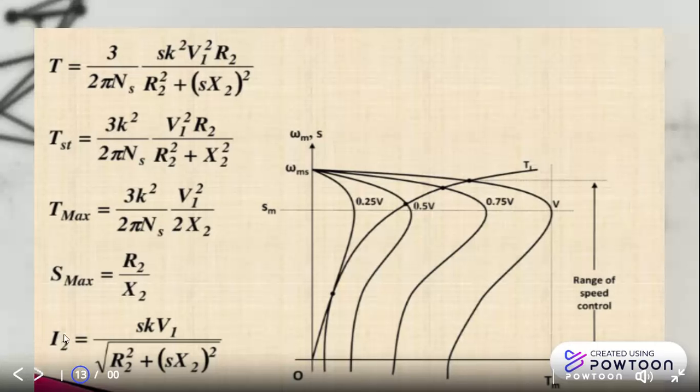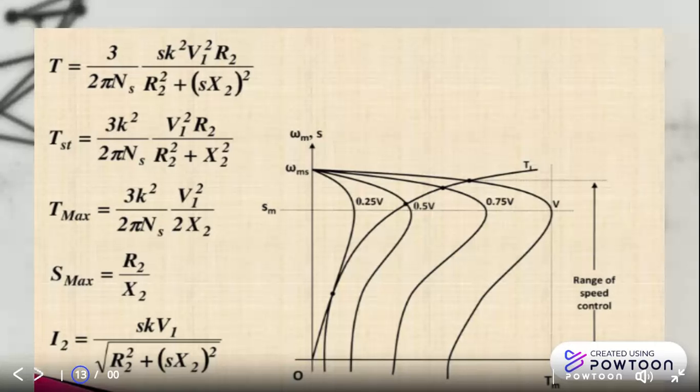From these equations, we can infer that the torque is proportional to the voltage squared and current is proportional to voltage. Starting torque, running torque, and maximum torque are reduced as voltage decreases, but the slip at which the maximum torque occurs remains the same for whatever voltage. This method is suitable for applications where torque demand reduces with speed.